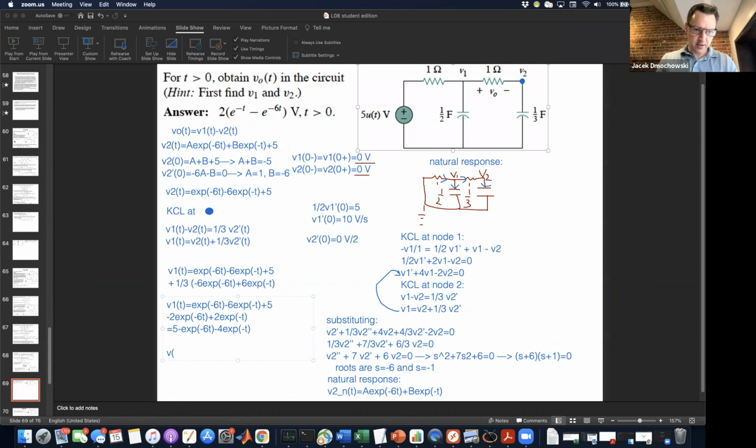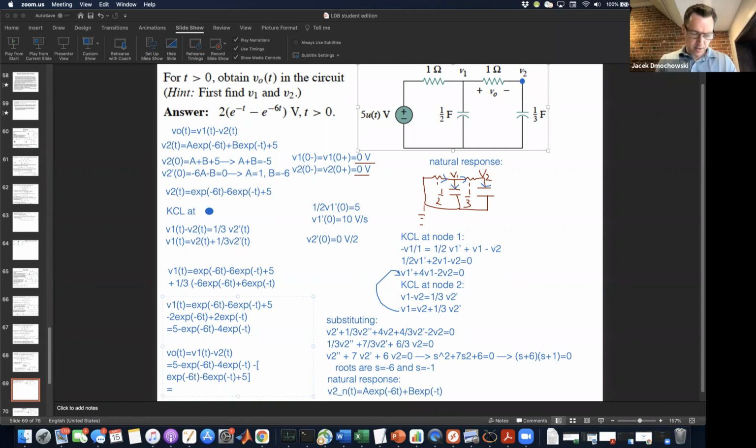And finally, we know going all the way back to here, V1 of t minus V2 of t becomes minus, big bracket, now I'm going to write the expression for V2 of t, which is exponential negative 6t minus 6 exponential negative t plus 5, close big bracket.